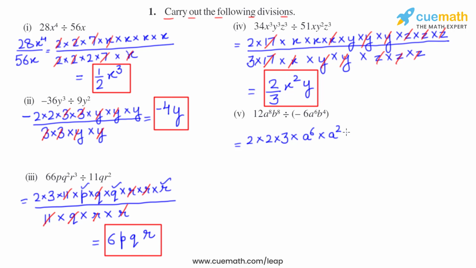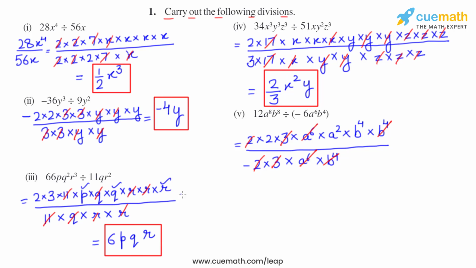And b raised to the power 8, here we need b raised to the power 4, so it can be written as b raised to the power 4 into b raised to the power 4. Divided by 46, it will be 2 into 3, minus stays as it is, into a raised to the power 6 into b raised to the power 4. What can be cancelled? b raised to the power 4 gets cancelled, a raised to the power 6 gets cancelled, 2 gets cancelled, 3 gets cancelled.